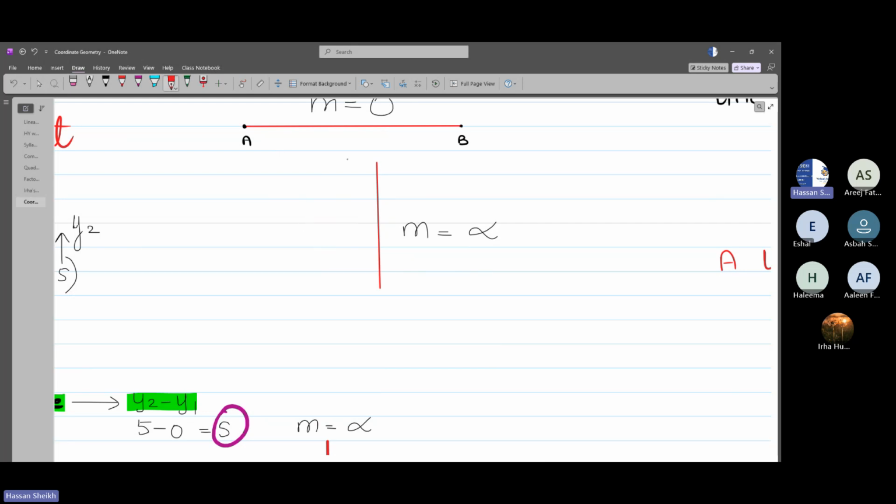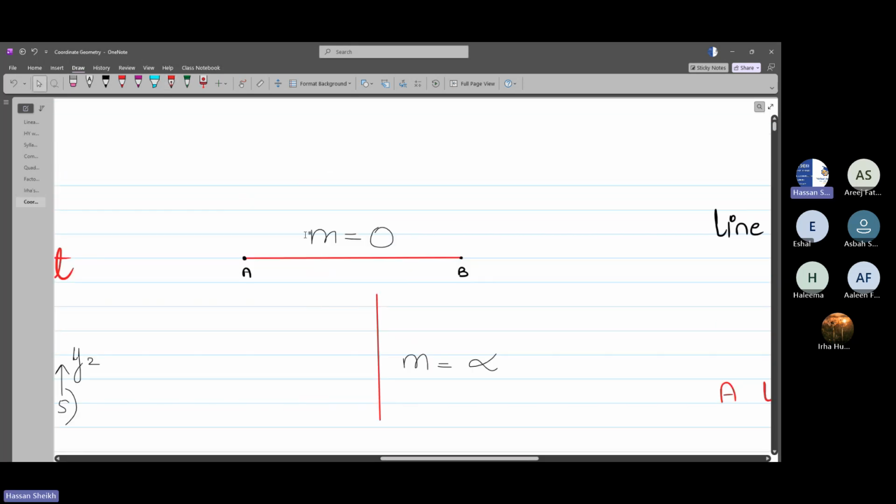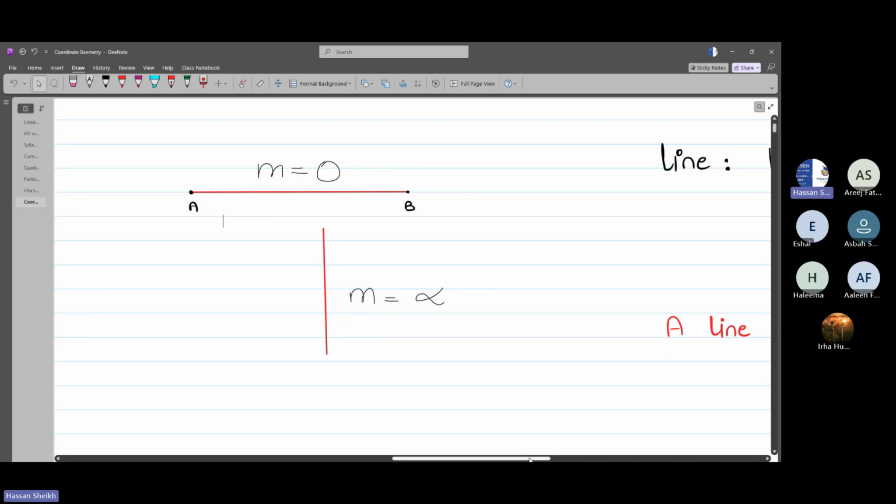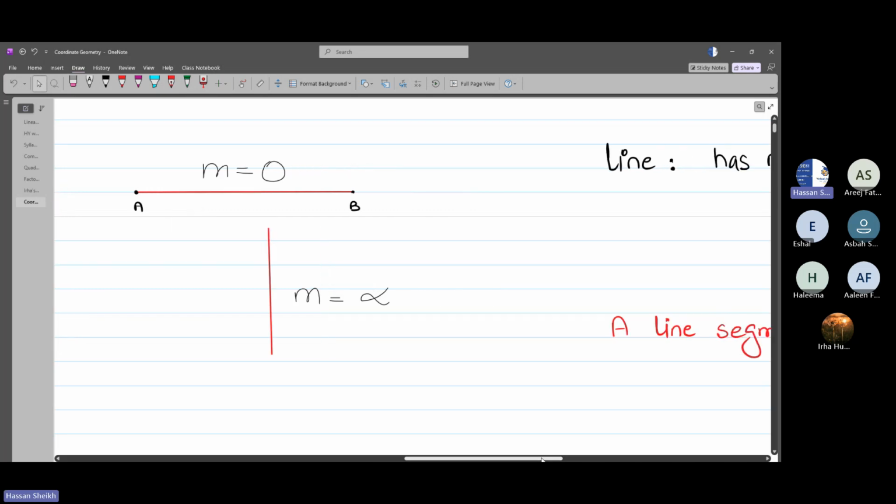Remember, just like a flat horizontal line has zero slope or gradient, a vertical line has infinity slope.